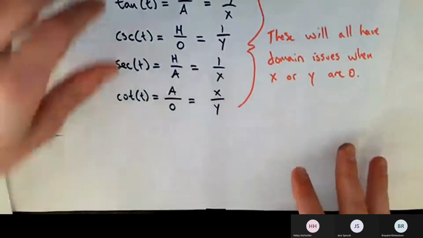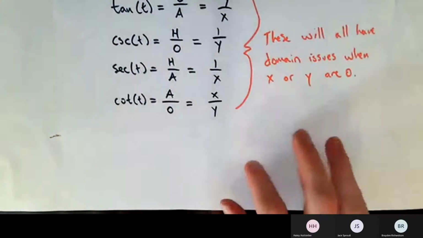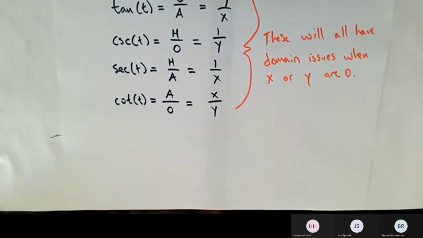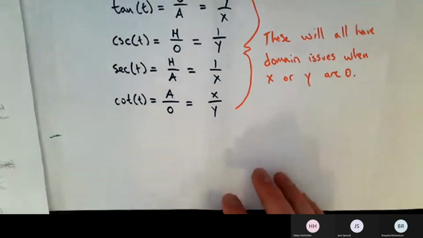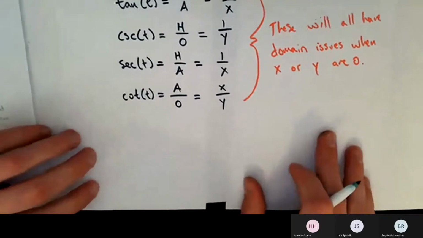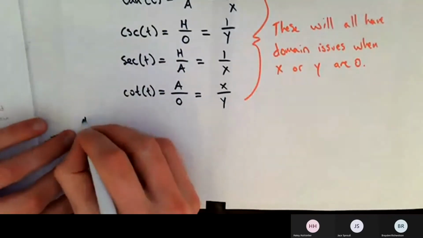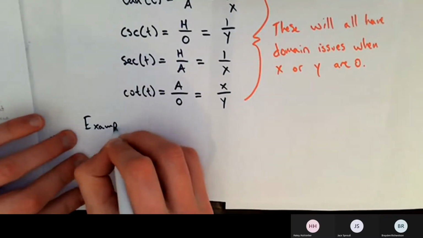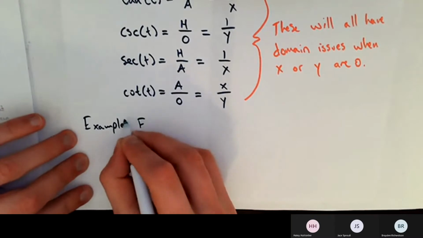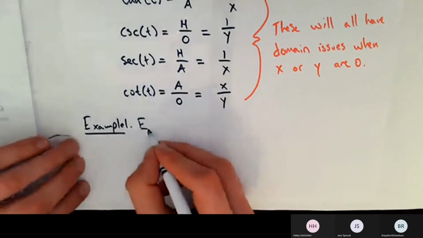Okay, so where are we at now? What are we going to do now? Well, we're going to start evaluating the trig functions at different real number t values. So example 1.